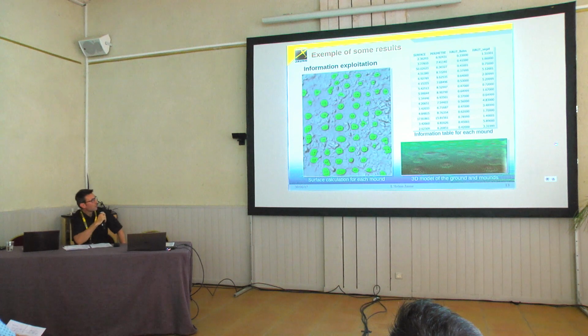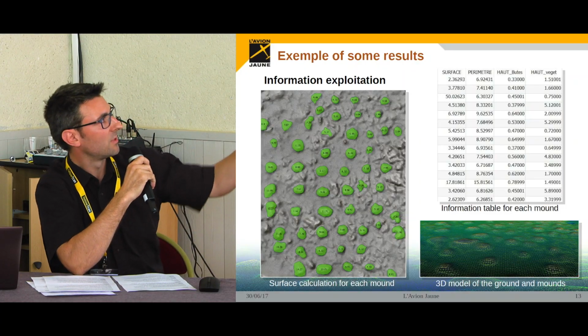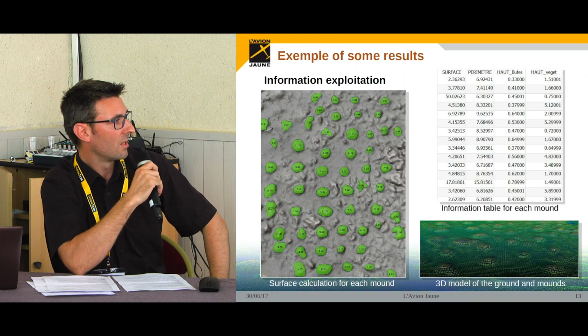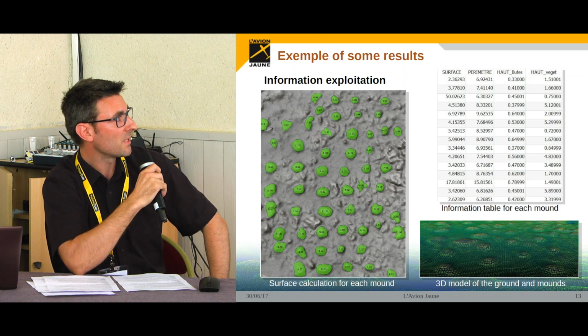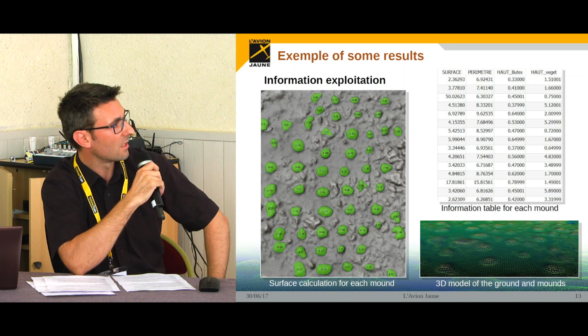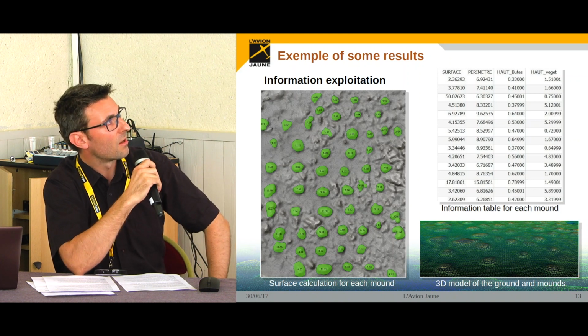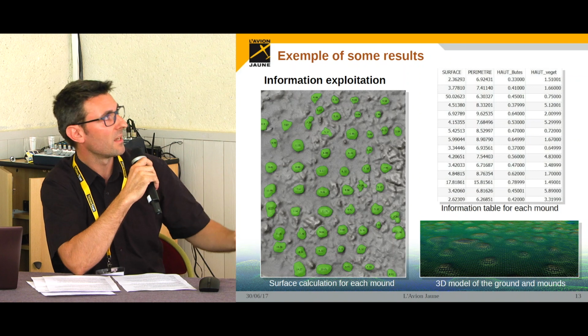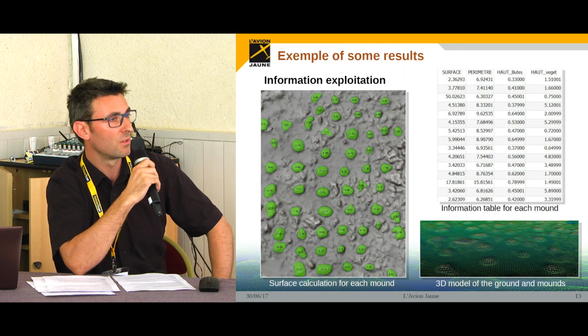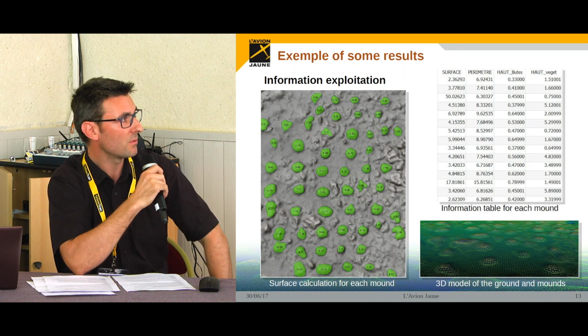Here are other results. I'm doing the exploitation of those different maps, so I can get surface calculation for each mound. I can get a table to have the surface, the diameters, and the height for each mound.